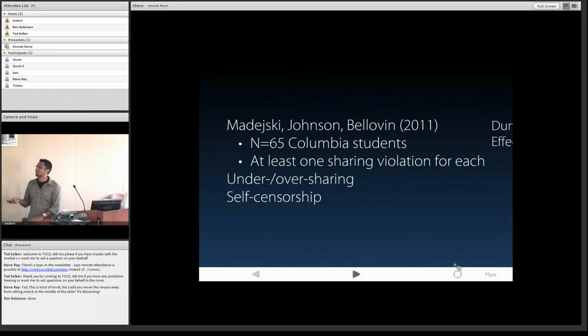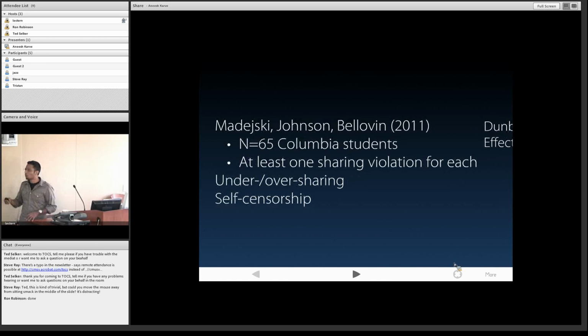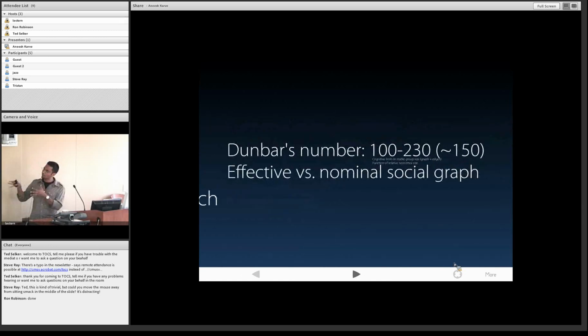And so the idea here is that when people become conscious of oversharing, self-censorship is what results. We're going to tie this all together, and when we finish this thinking around the dynamics of actual social groups versus our interpreted interfaces for social networking, I'm going to show you a demo of one of our new products which tries to solve some of these problems.